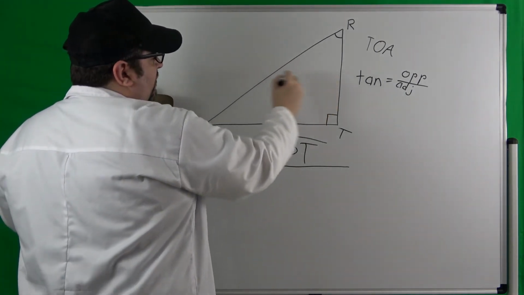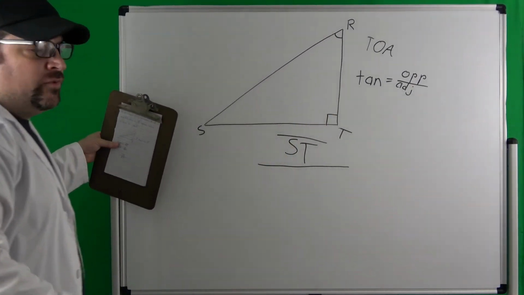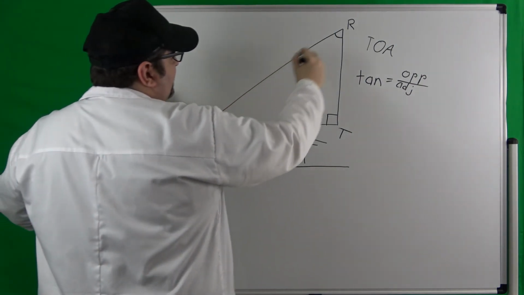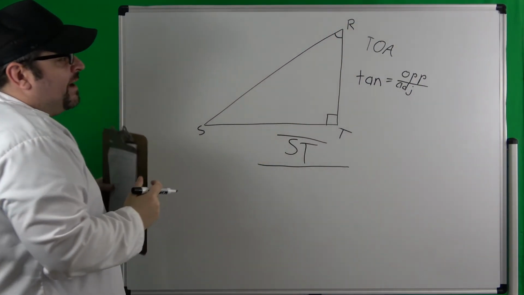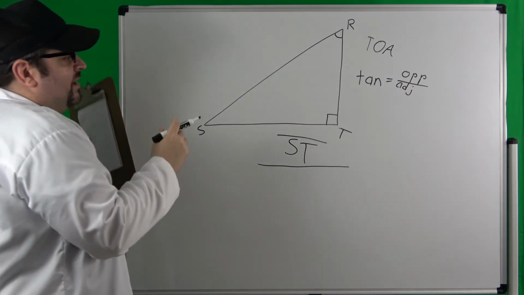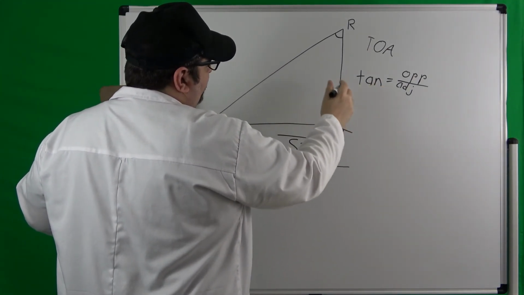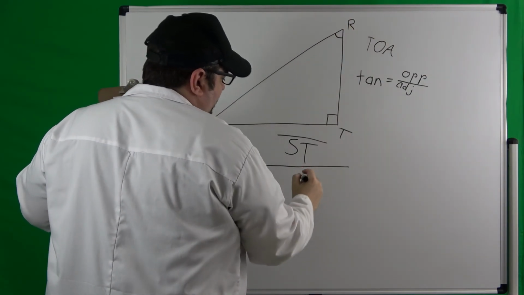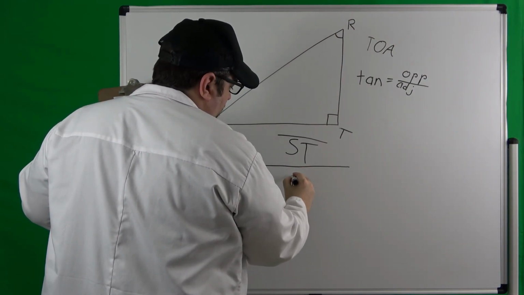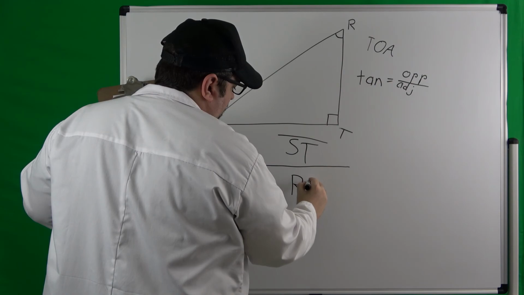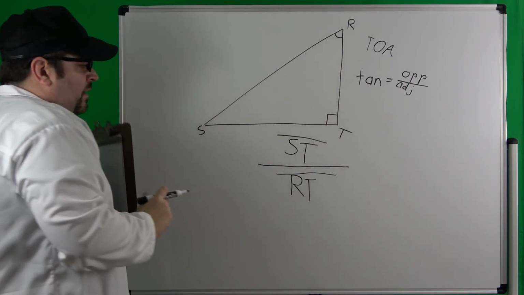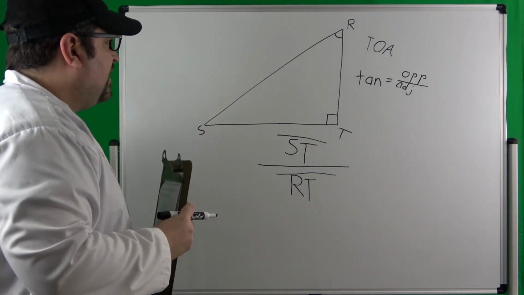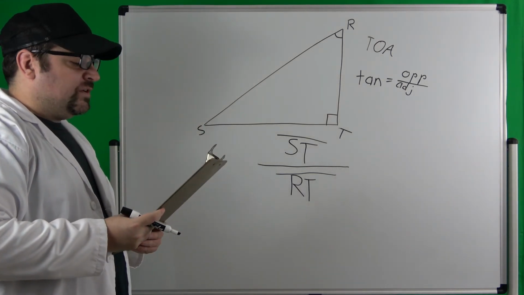Well, both these lines are adjacent to angle R, right? Well, what's the difference? Well, this is the hypotenuse, right? We would use that with a sine or cosine, not on tangents. So the adjacent side would be RT. And with no values, that's as far as we would have to go. So you would just make that solution.